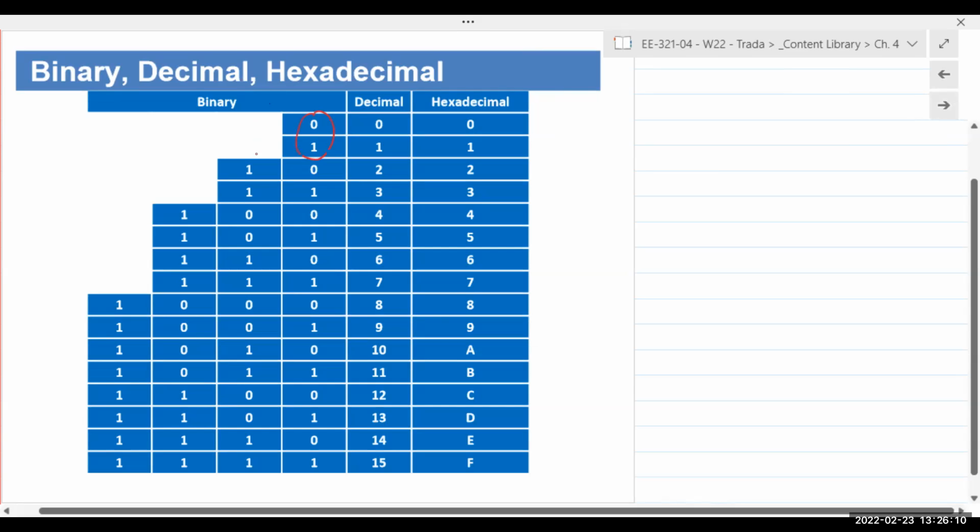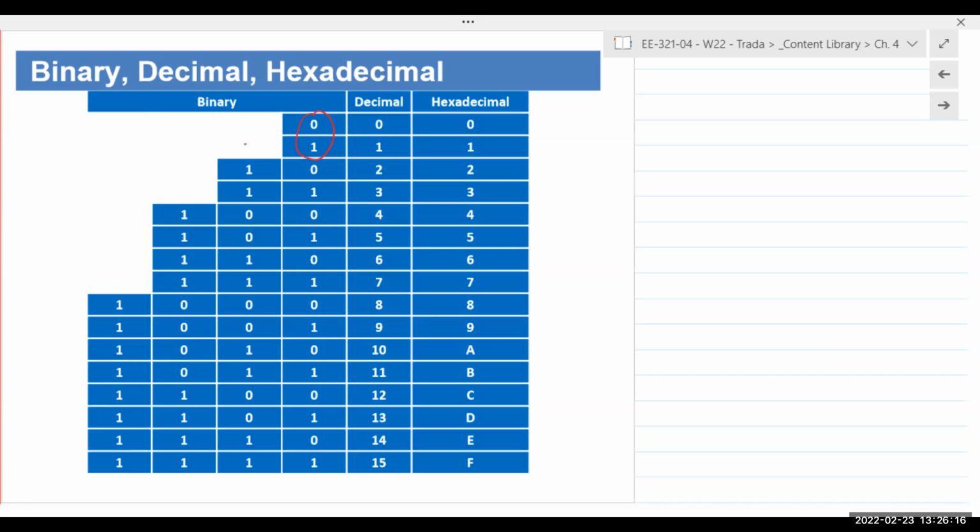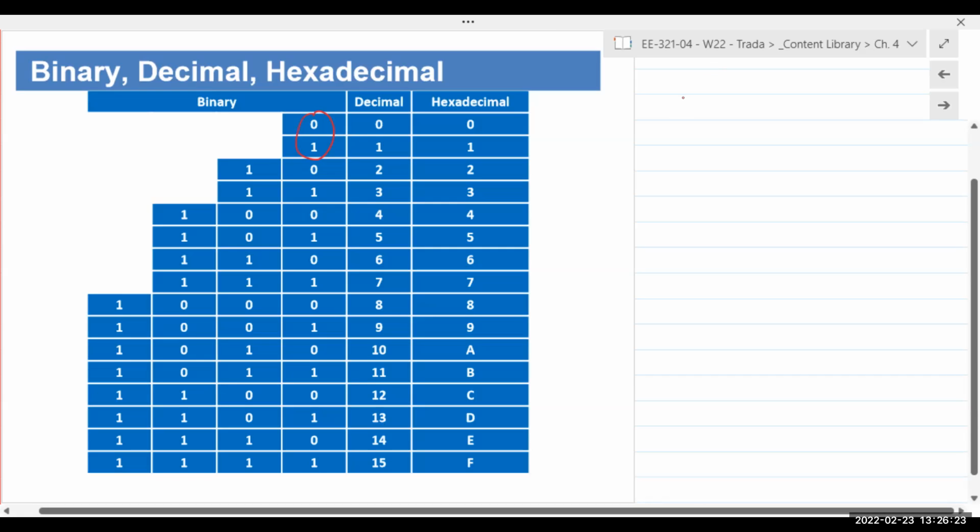Now, if you want to represent more information, you have to add another bit, meaning you have to add another digit. Number of digits: if only one digit is available, you can have two numbers.